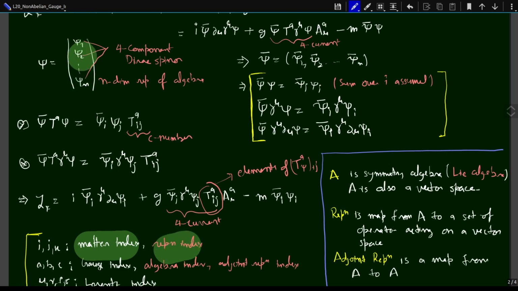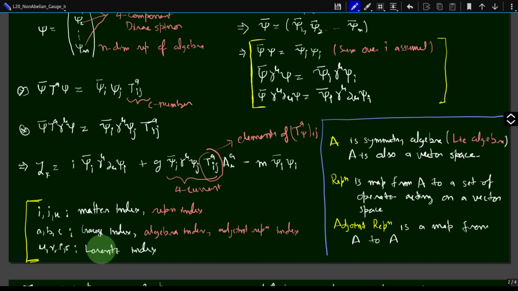And usually in this representation we put the matter field in while doing the model building, so we also call it the matter index. So that will be denoted by I, j, k, l and those variables. Using A, B and C, we use the gauge indices like the TA or A mu A. They also call the algebra index, or you can call it the adjoint representation index, because we'll just describe what adjoint representation is, and the mu, nu, rho, sigma will be the Lagrangian indices.